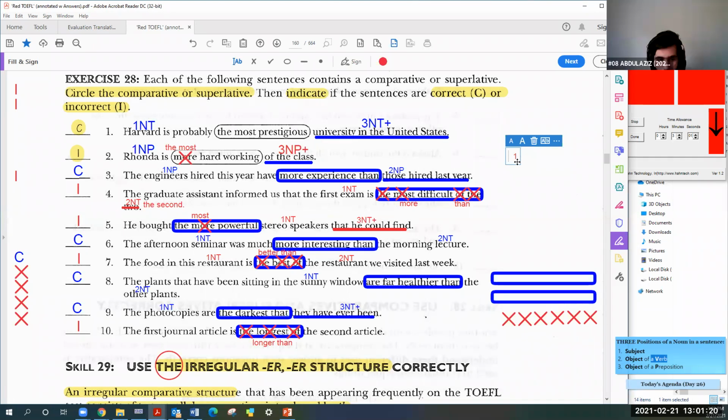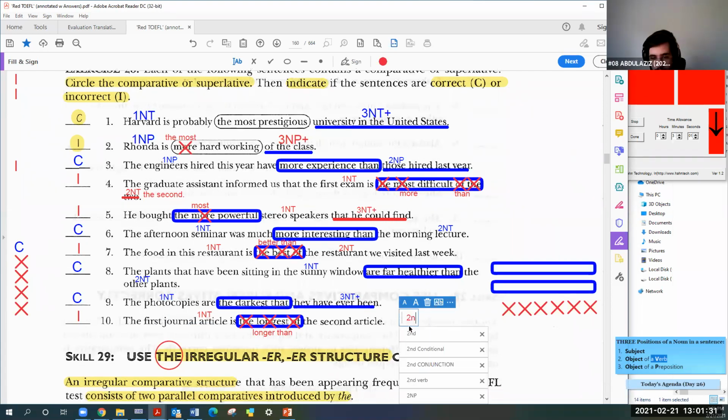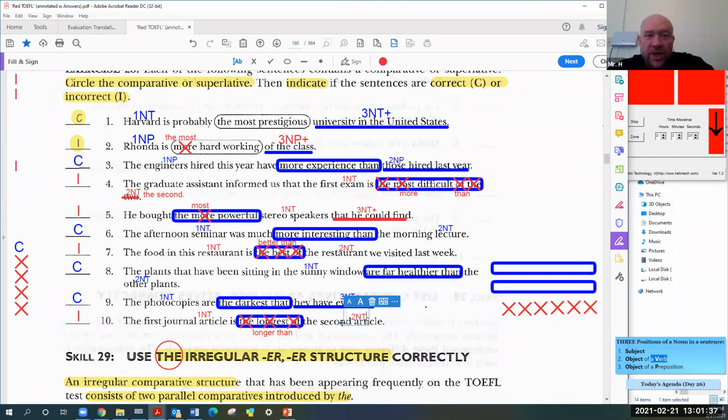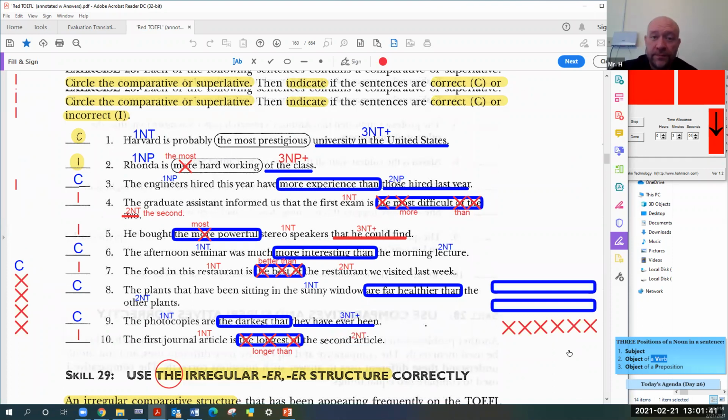The first article. Yeah, that's one. That's the first one, the first article. And then the second one. Very good. There you go. Two equal things. We need the comparative for two equal things, gentlemen.